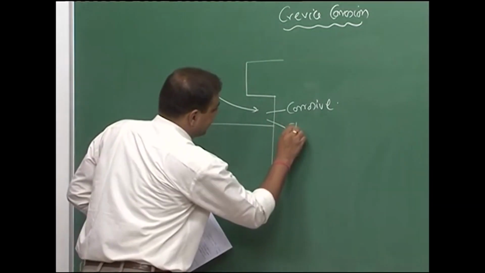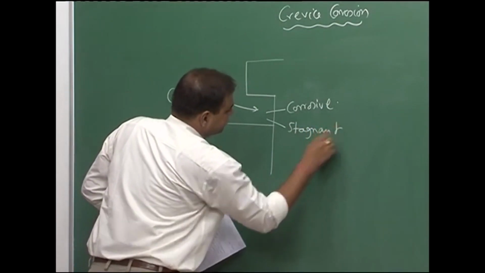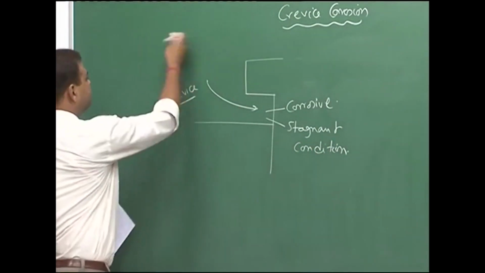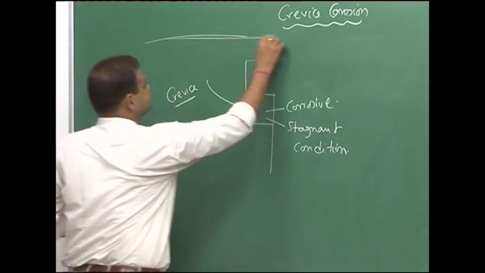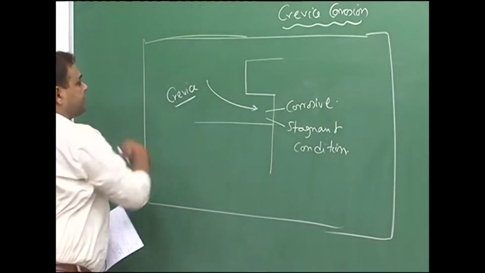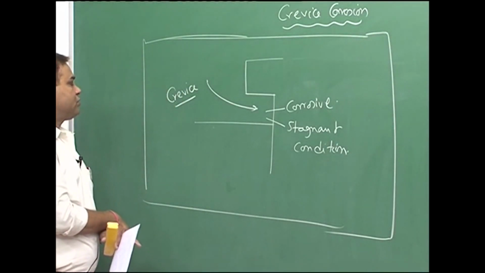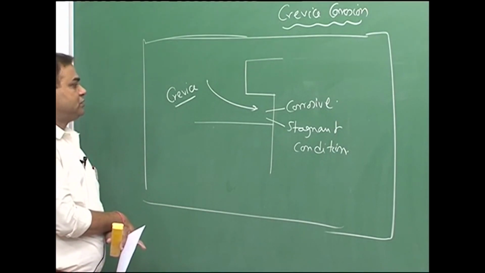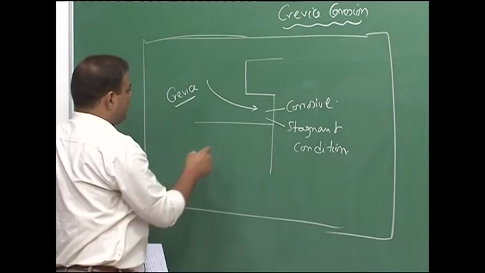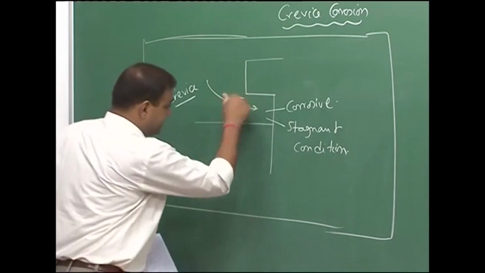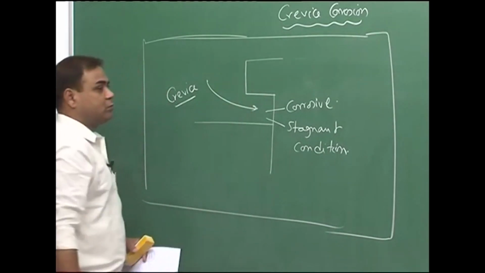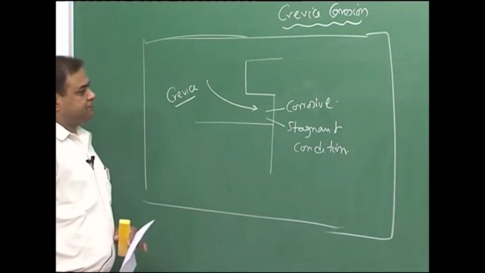We have stagnant condition. Though the outer part, the rest of the part, let us say this entire stuff is inside the solution, there could be turbulence or flow in the corrosive, but this part, since it is a very small opening where the solution is already there due to seepage and all those things, does not have much turbulence and it becomes stagnant.